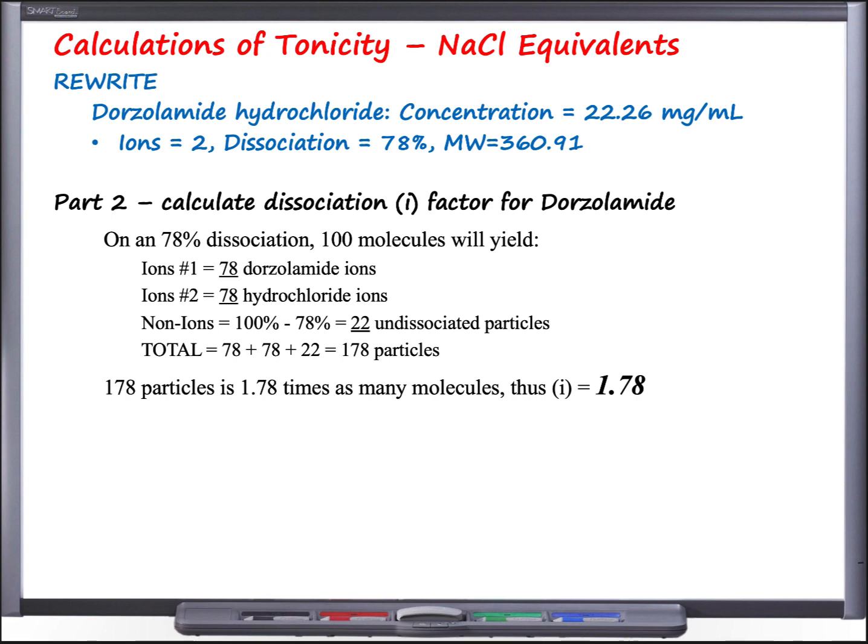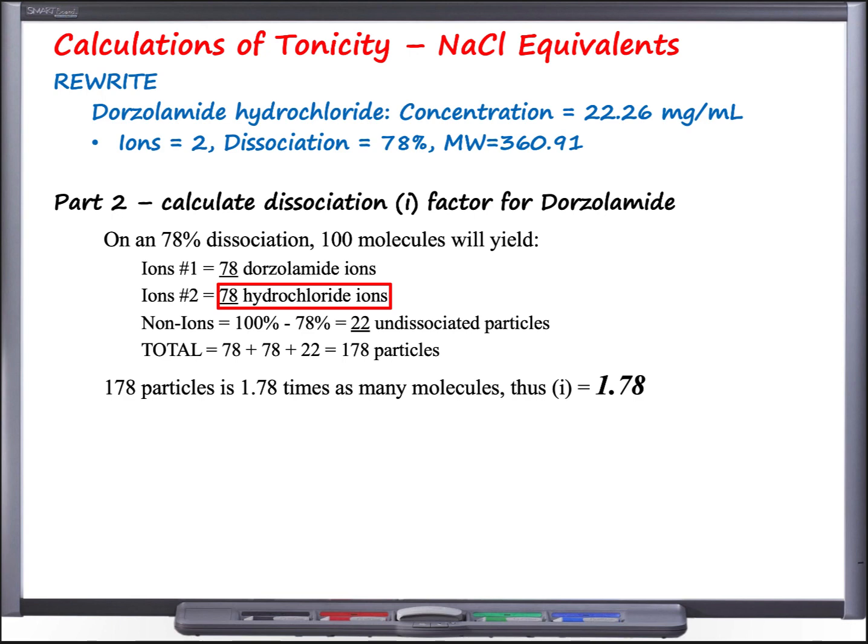Okay? So to address this question, we're going to say that if we started with 100 molecules of dorzolamide hydrochloride, we know that it would dissociate at 78%. So 78 molecules out of the 100 would dissociate. And when it does dissociate, it will dissociate into 2 things. We were told it produces 2 ions. So the 78 dorzolamide molecules dissociate into 78 dorzolamide ions plus 78 hydrochloride ions, because we were told it forms 2 ions.